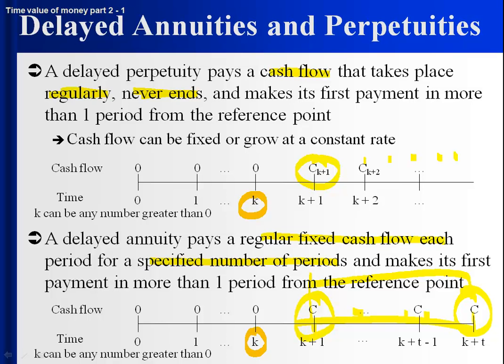Remember, as with perpetuities and annuities, we have our time 0 and the next cash flow is in one period. That's what we're replicating here: we identify time K, one period before. Therefore, the first cash flow takes place at time K plus 1.